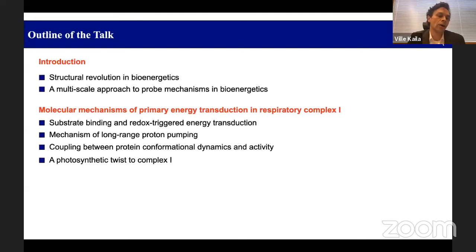I would then go on to tell a little bit about the multi-scale approaches that we use to study these types of biological questions, and then introduce to you a very interesting molecular machine, the respiratory complex I machinery that catalyzes a fascinating 300 angstrom long charge transport process.